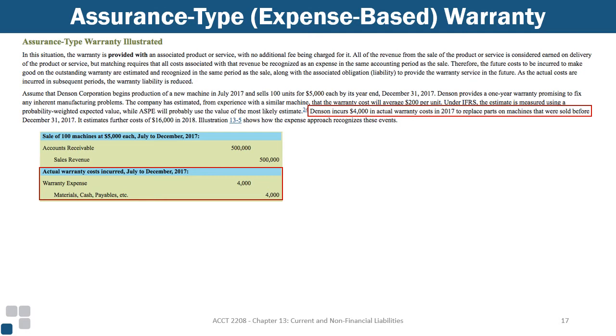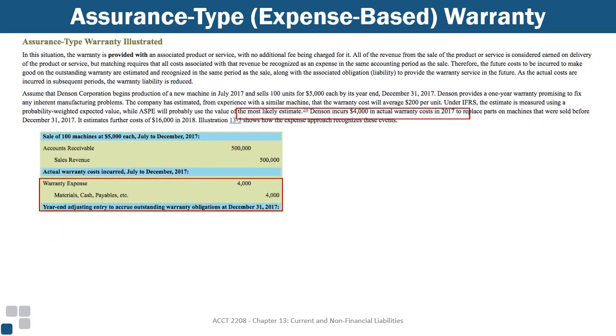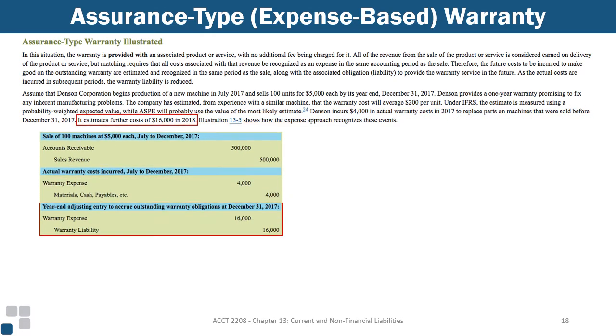So we're expensing what's actually been paid because we haven't actually made an accrual. You'll see in the examples that we do later on, we actually would make an accrual and debit warranty expense and credit warranty payable for the $200 per unit times all the units sold, and then actually debit the warranty liability for the $4,000. Here's a year-end adjusting entry, right, to accrue the obligations at the end of the year, right?